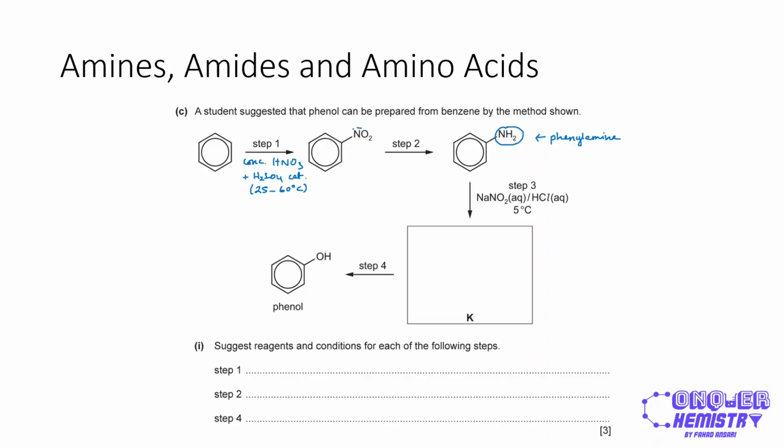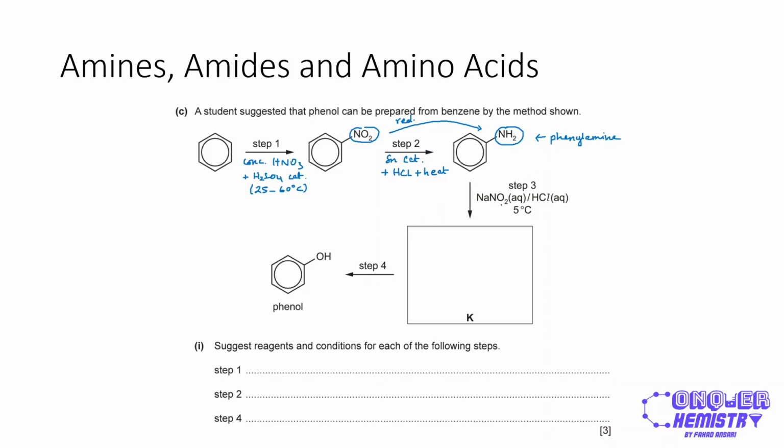Now nitrobenzene has this NO2 that needs to be reduced to this amine over here. So this is a reduction reaction. And for this, the special conditions are tin catalyst plus HCl plus heat. And that's what you're going to do to get phenylamine.